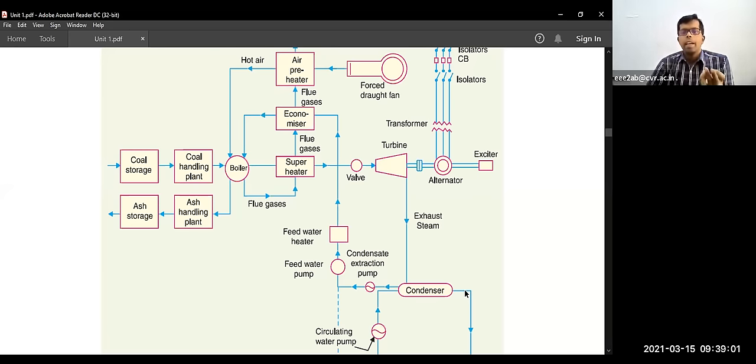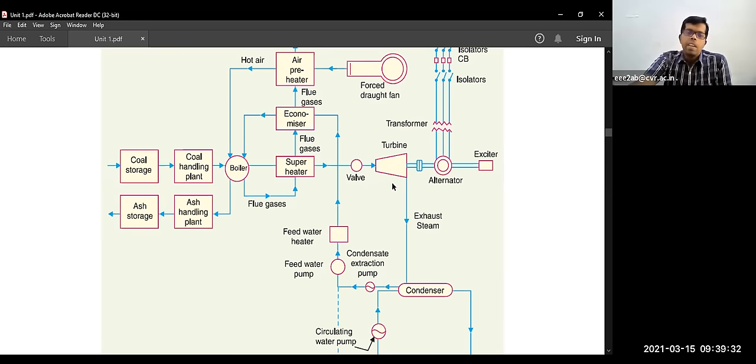In a modern thermal power plant, there is a feedback. The exhaust steam is fed again into the same turbine, because otherwise that steam would get wasted. It is fed again into the boiler, and again into the turbine.